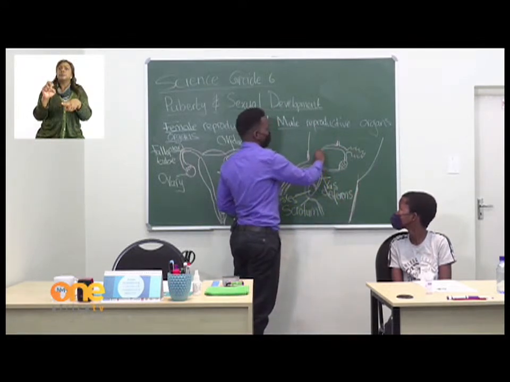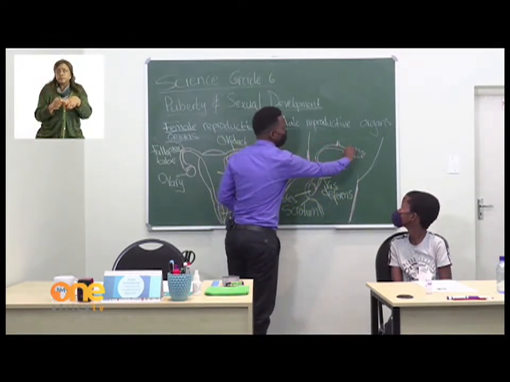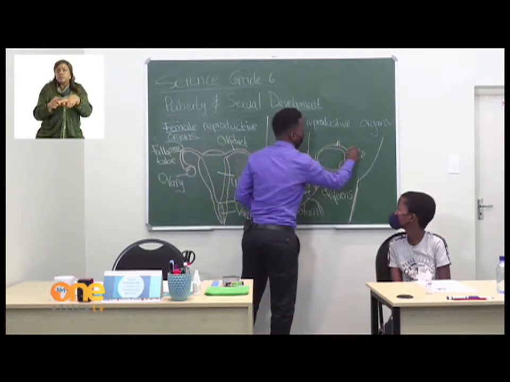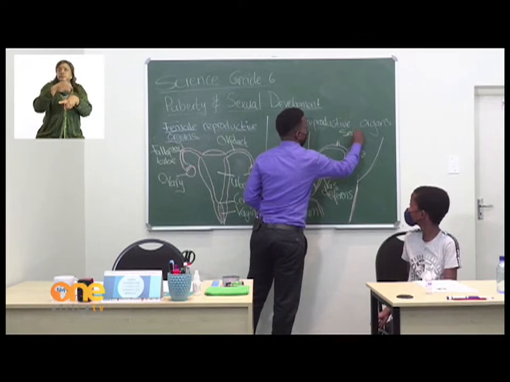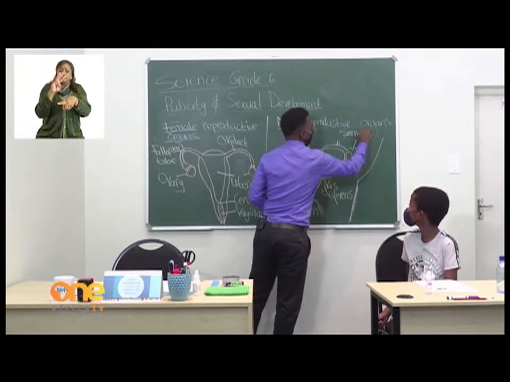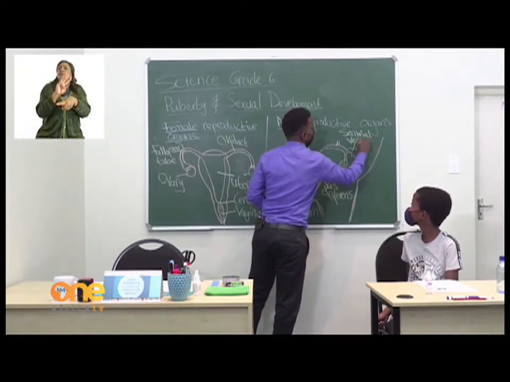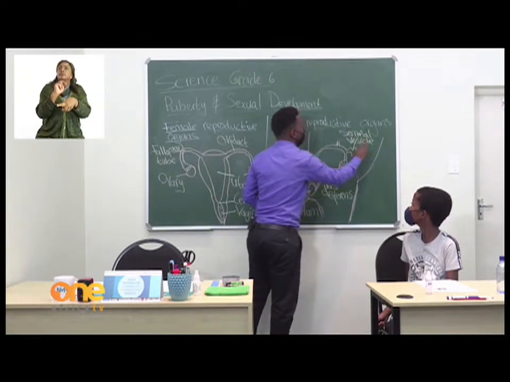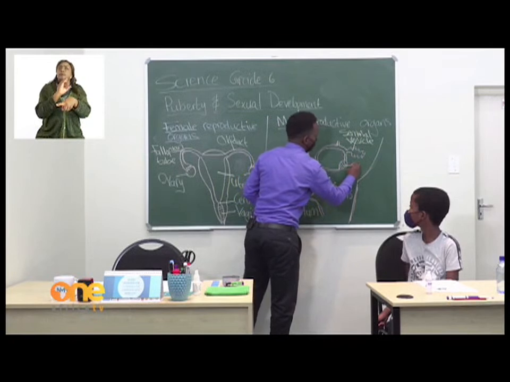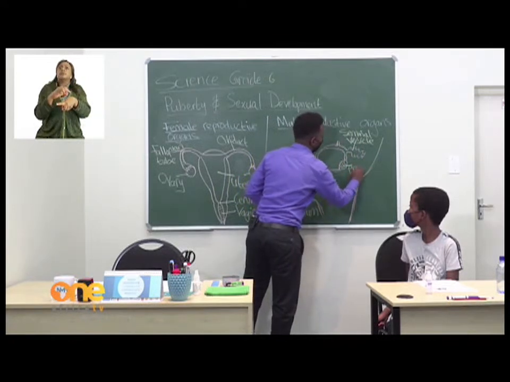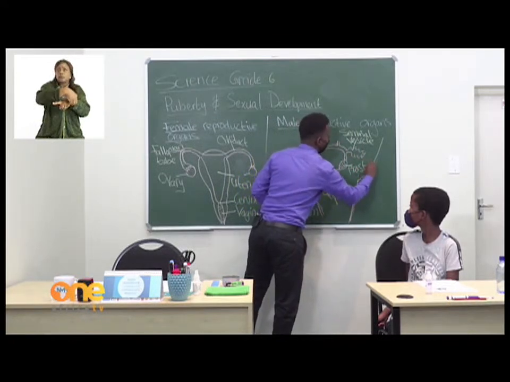And the vas deferens goes on and connects to another structure, referred to as the seminal vessel. And from the seminal vessel, there's another structure called the prostate gland.